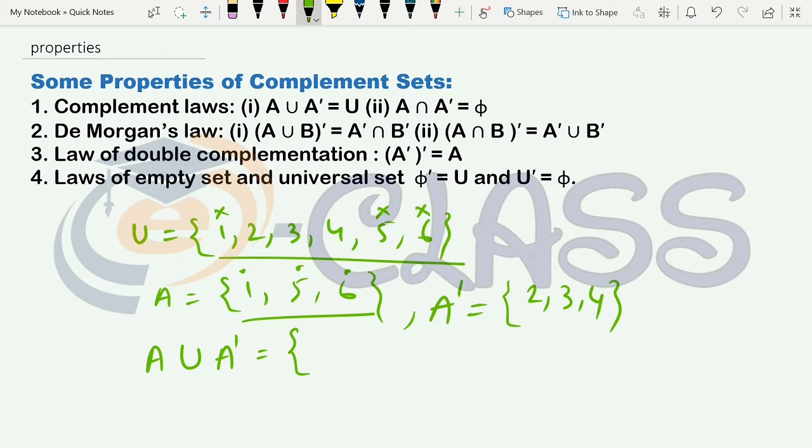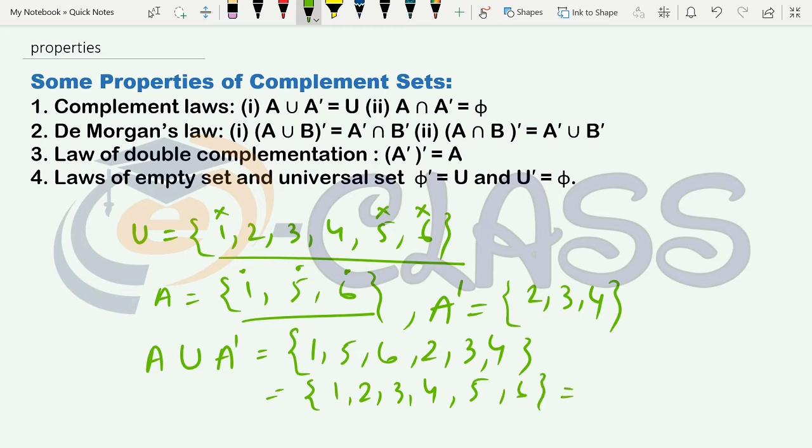So just write all the elements contained in A and A dash: 1, 5, 6, 2, 3, 4. In proper order we get 1, 2, 3, 4, 5, 6, and this set denotes the universal set. So A union A dash equals U. So property 1 is proved.